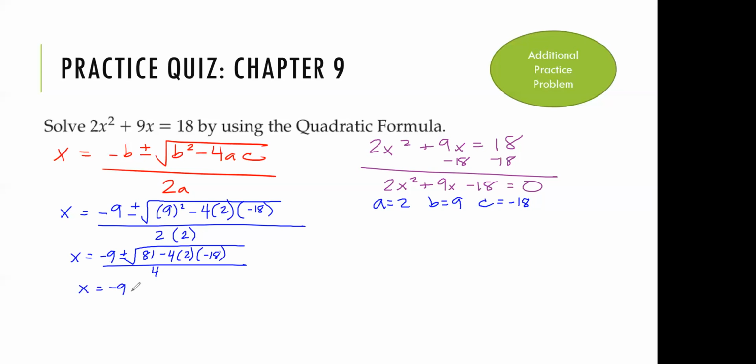So I have negative 9 plus or minus the square root of 81, negative 4 times 2 is negative 8, and then I still have to multiply by negative 18, and then I'm going to divide it by 4. So I end up with x equals negative 9 plus or minus the square root of 81 plus, since 8 times negative 18 ends up being positive, 144.